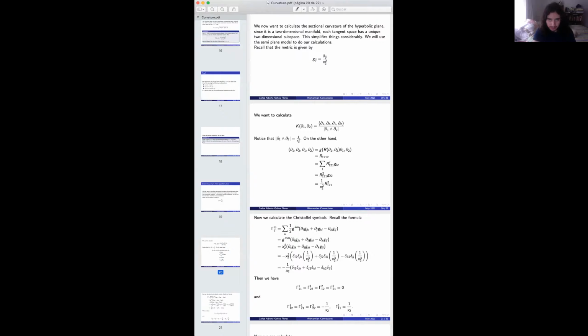But thinking about the disk model, first of all, it is at least intuitively clear that one cannot embed the whole disk, or the whole hyperbolic plane, as the sphere, because their topologies are different.